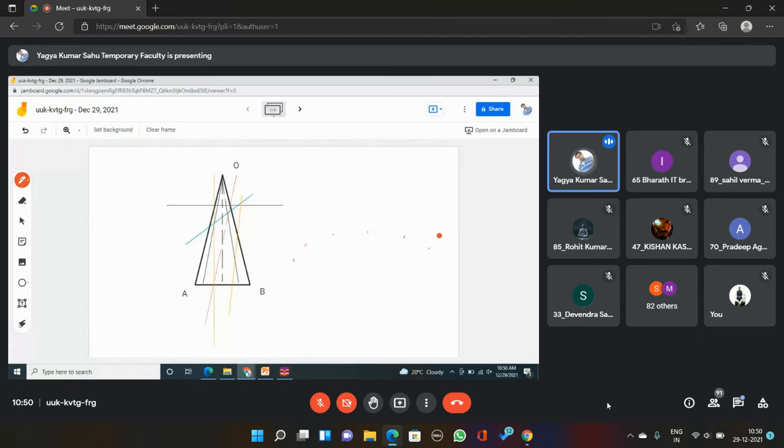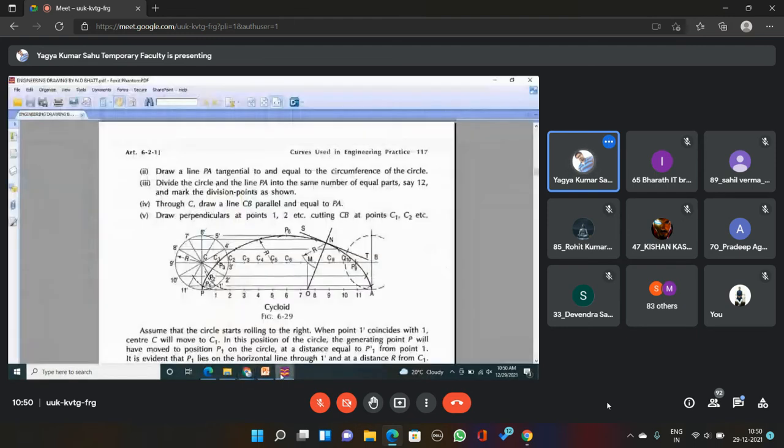And we will join those points with the help of a French curve or a compass. So for finding those points, what do we need? See, in this question, the circle is rolling in a forward direction along a straight line.